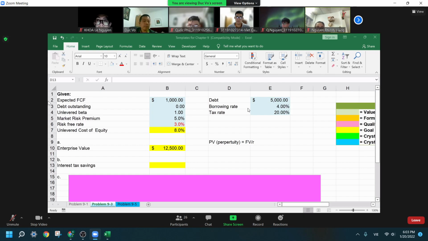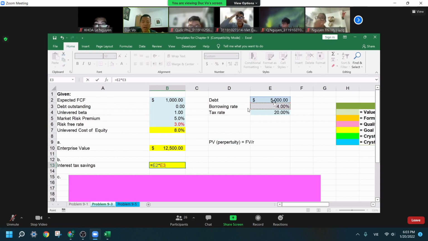Okay, so go back to the question, where they ask you to work out interest tax saving. How can we do it? We simply take the amount you borrow, times the borrowing rate. That provides you with the interest expense.